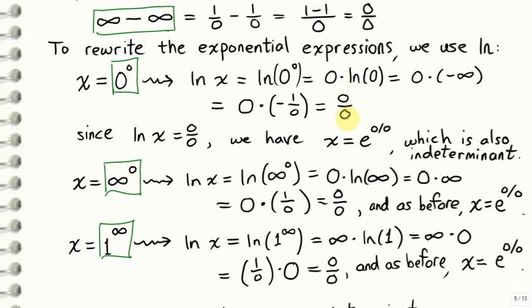You could rewrite x as e to the 0 over 0. And you can do the same thing down here. x is infinity to the 0. Take ln's of both sides and do some algebra. You rewrite it as 0 over 0. Ditto for x equals 1 to the infinity. You can rewrite that, take logs of both sides, get infinity times 0, and eventually you'll get 0 divided by 0. So these are all indeterminate forms.